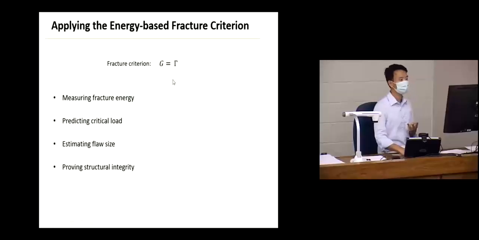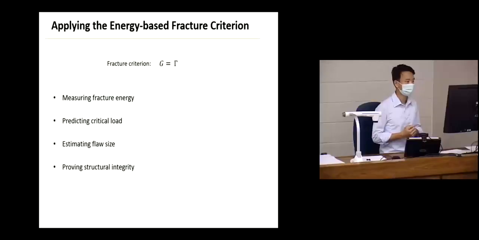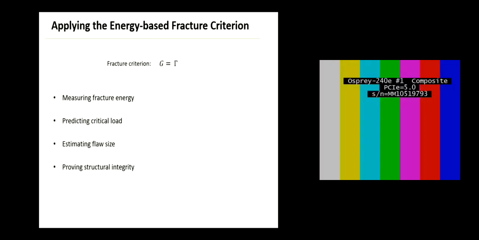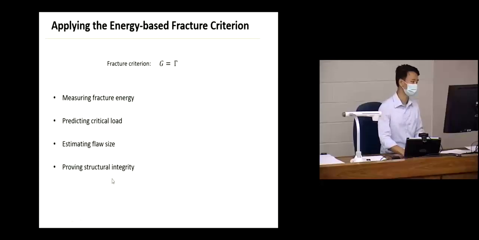And what you can do is take all this information and use this fracture criterion to make sure that this is actually not failing. This is a phase that we sometimes do for very critical devices.